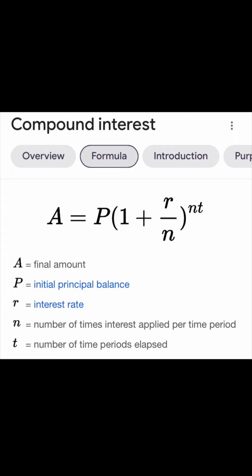And N is simplified to the number of times interest applied per time period. Say it's only annually, so it's 1 time per year, right? Number of times that interest is applied per year. So if you do annual compounding interest, then it makes this formula much easier.